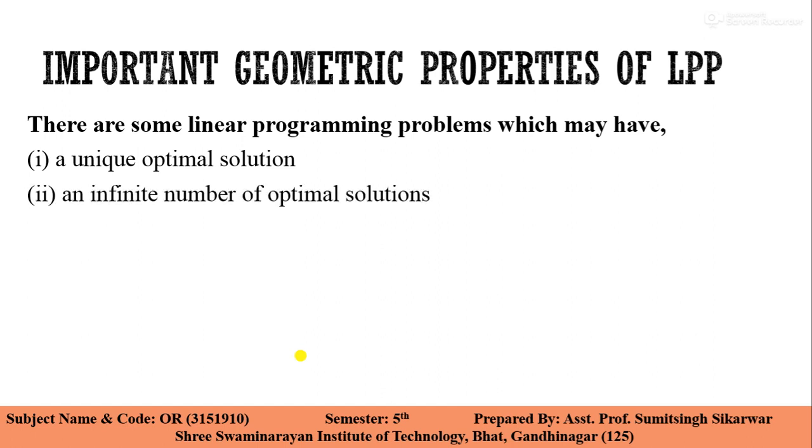The second is an infinite number of optimal solutions. In that we will see the problem in which there are infinite number of solutions. Then an unbounded solution, which means we do not have a bounded feasible region for that problem, and no solutions. We'll also see the graphical plots of those examples which have no solutions.